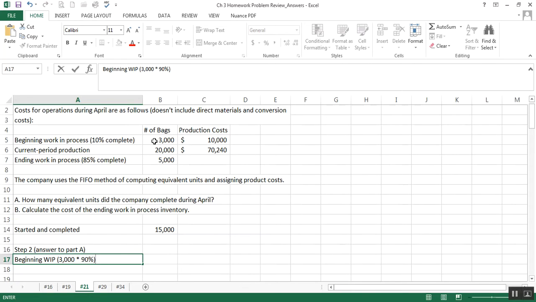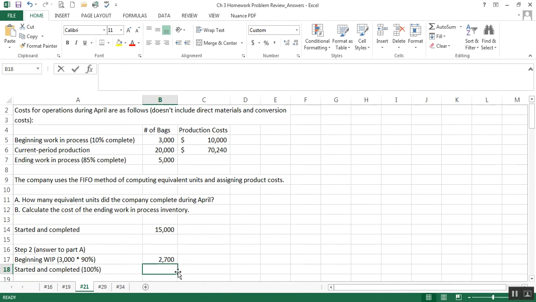We're 10% complete, so that means that we have to finish 90% of that 3,000. So we're going to take 3,000 times 90%. And then we know that we started and completed at 100%, 15,000 units.